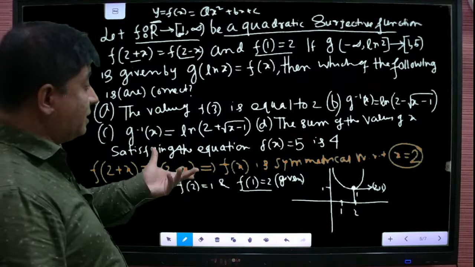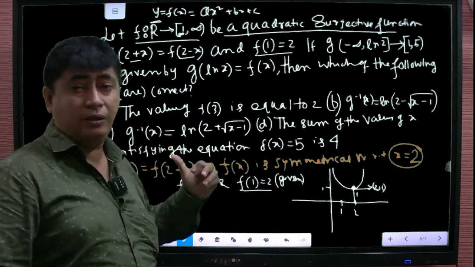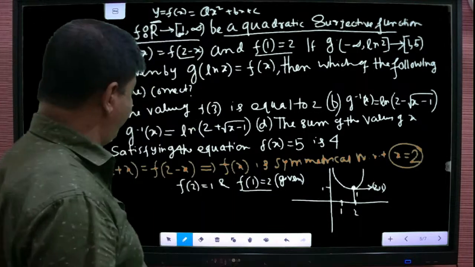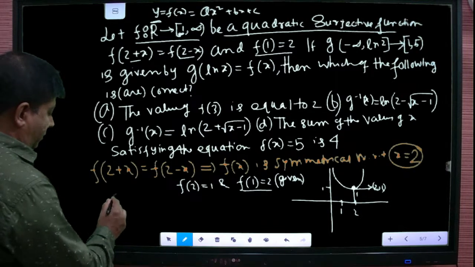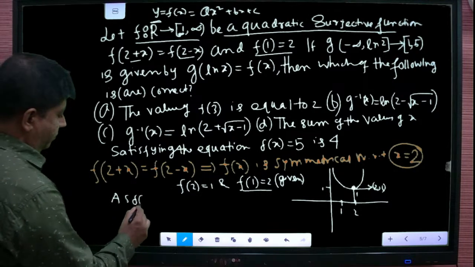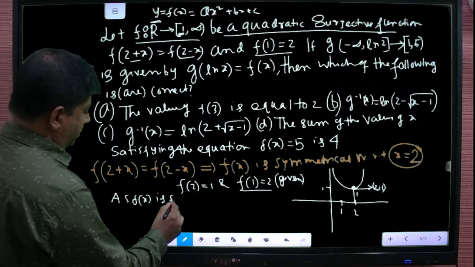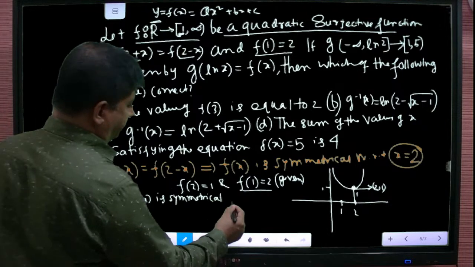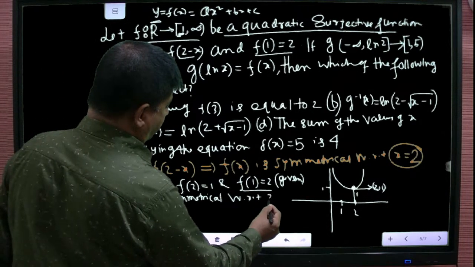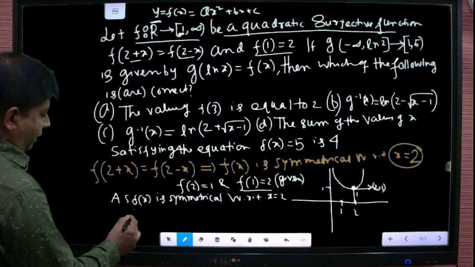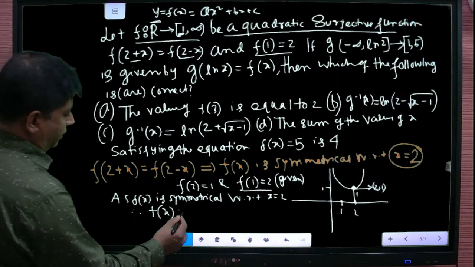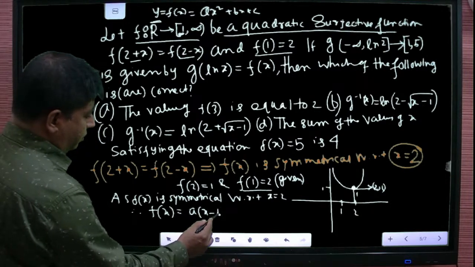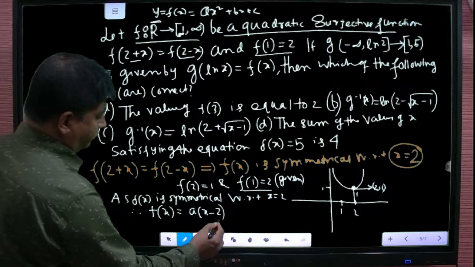Now how can I catch the function f(x)? What is given? It is symmetrical with respect to x equal to 2, so f(x) should be like this: a(x minus 2) whole square plus b.